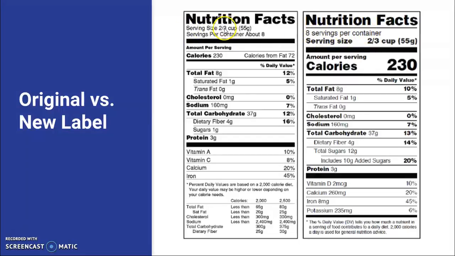You can see here now that they removed calories from fat, but they did add added sugars, because if you look at food labels and the ingredients, there's so much more sugar in our food than there used to be, as evidenced by increased obesity rates in children, as well as increased diabetes rates. So controlling your added sugar is really important.